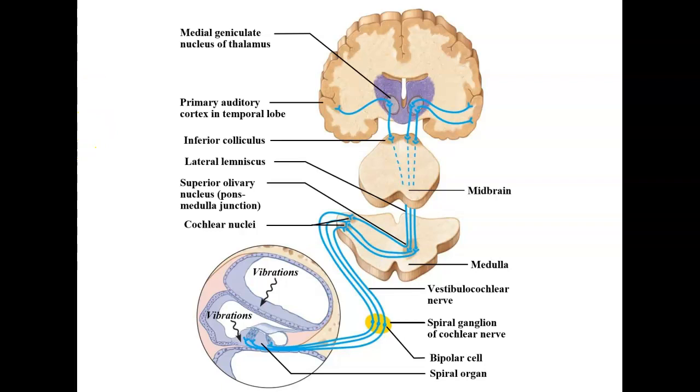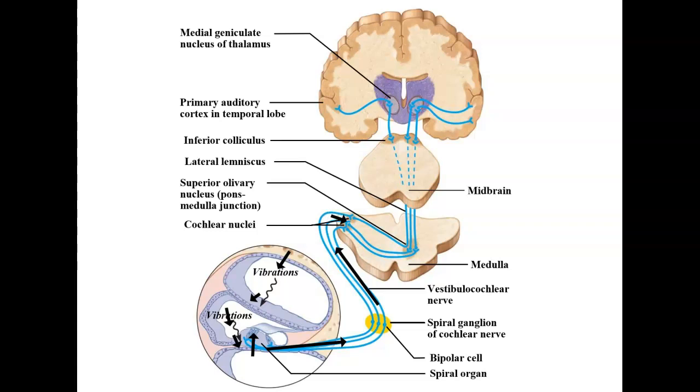Just to give you another sense of what's going on here, we have vibrations that are transmitted to membranes, which are transmitted to fluids, which are transmitted to membranes. The rocking back and forth of this basilar membrane causes these little sensory hair cells to send information to the medulla.